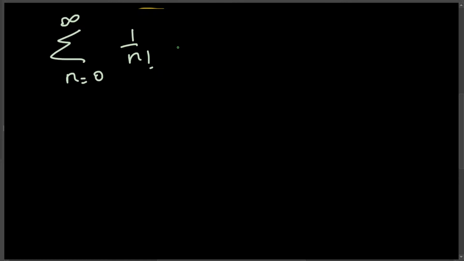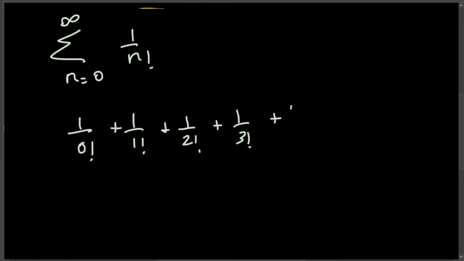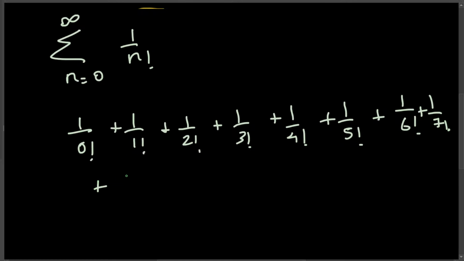Let's try up to 8 factorial. So this is going to be 1 over 0 factorial, plus 1 over 1 factorial, 1 over 2 factorial, 1 over 3 factorial, plus 1 over 4 factorial, plus 1 over 5 factorial, 1 over 6 factorial, 1 over 7 factorial, 1 over 8 factorial. As you increase the sum of these factorials, it's going to go closer and closer to e. Now let's actually prove it.